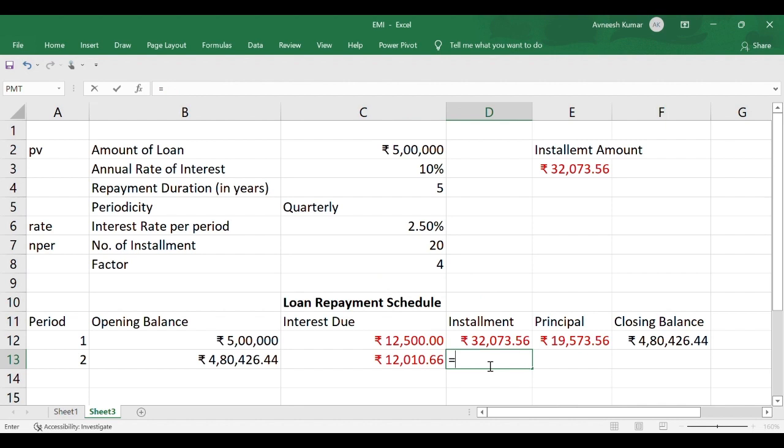Installment, for installment again we use if function. If this cell is equal to blank, then this is also blank, otherwise the installment amount would be equal to this part and this. Now when we drag this down, this would change E3 to E4 or E5. We don't want to do that, so we enter dollar here.